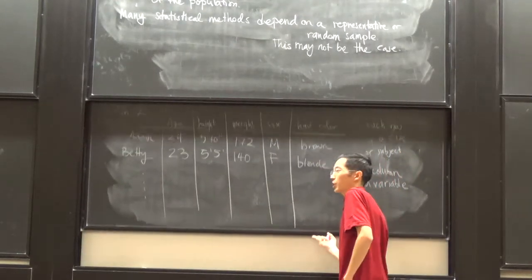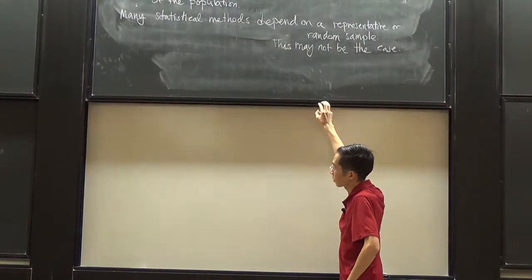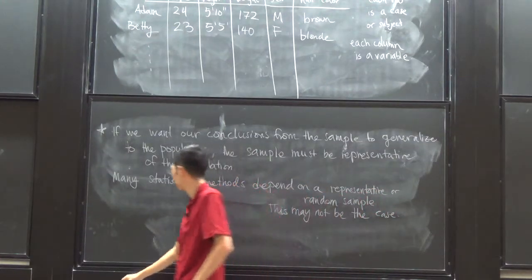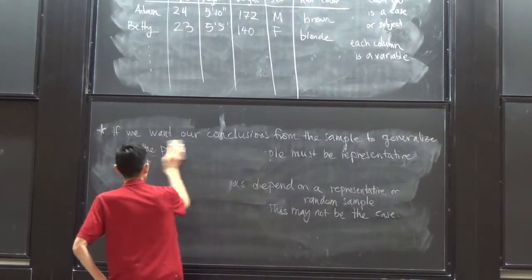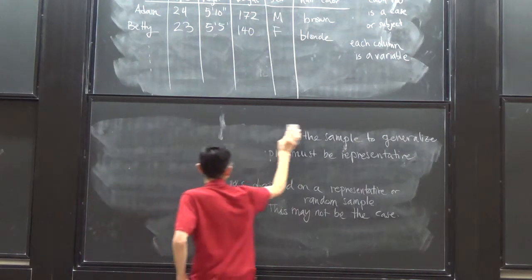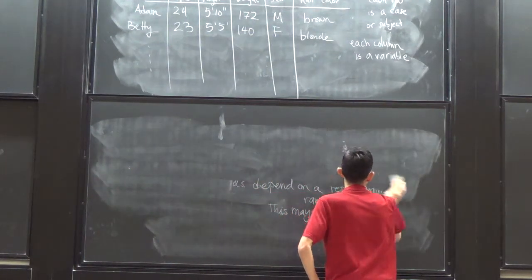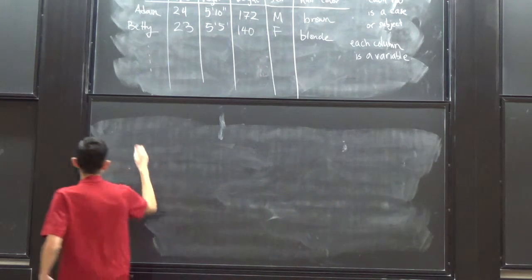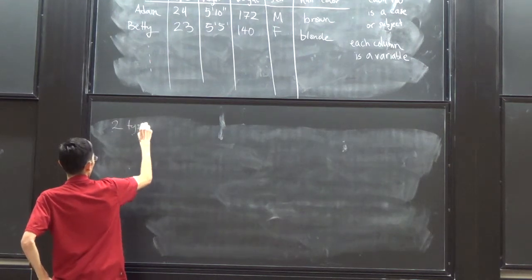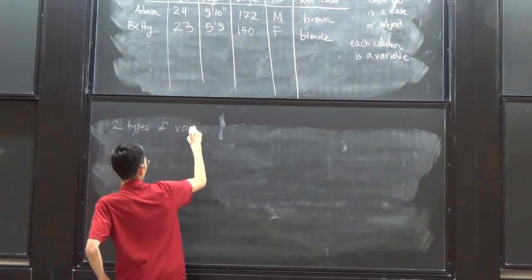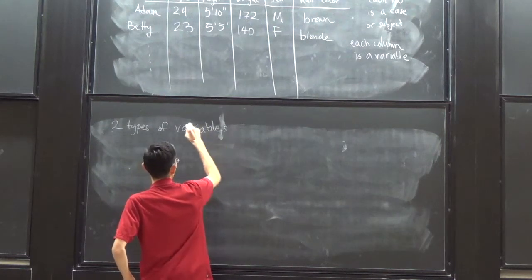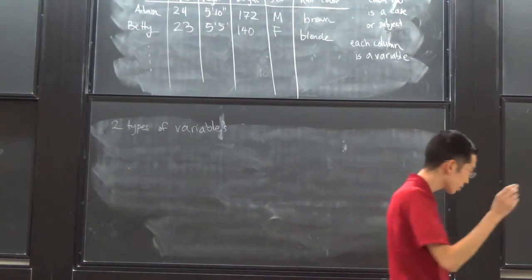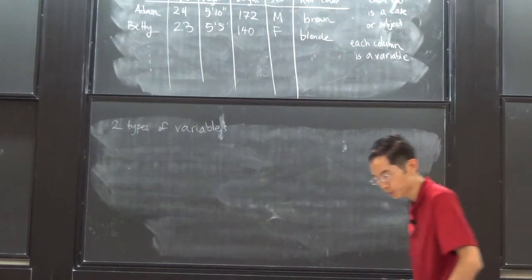And we have 2 major types of variables. We have categorical variables and we have numeric variables.